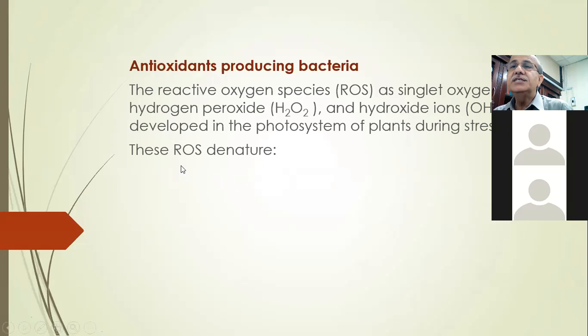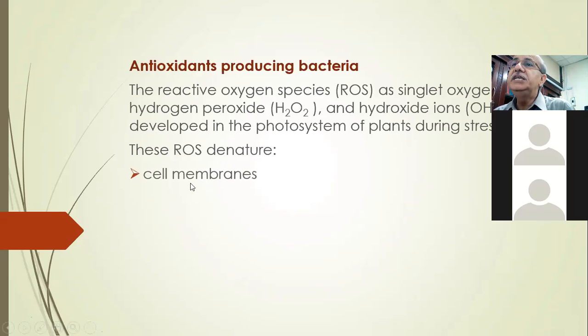And why are these harmful? Last time somebody asked the question, I replied briefly, but I said that I will discuss it in detail when we go to that particular topic. So how are these reactive oxygen species harmful?